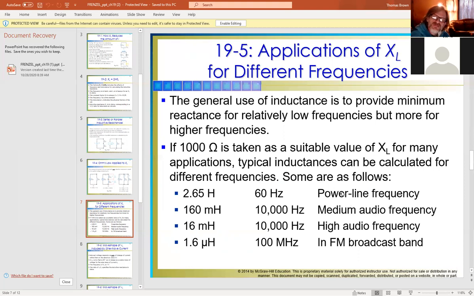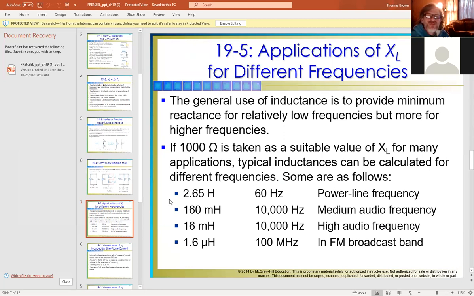In power lines and things like that, you're going to expect a pretty low frequency. The medium audio frequency, like the AM bands or ham radio, will be a mid range. Then we start getting up a little higher, to what they call high audio frequency. And past that, it's the FM broadcast range.